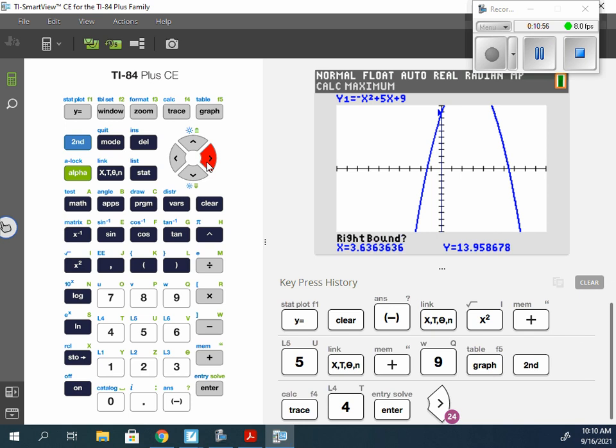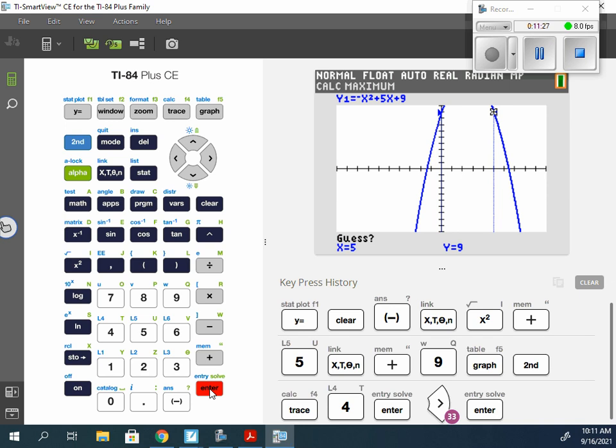Well, I'm definitely to the right of it. Because if you notice when you were clicking right, the value for y went up, it was at 13, went to 14, went to 15, went to 16, then went back to 14, 13, 12. It's coming back down. So we could be good here. But if we want to, I can keep clicking it until it shows back up and hit enter.